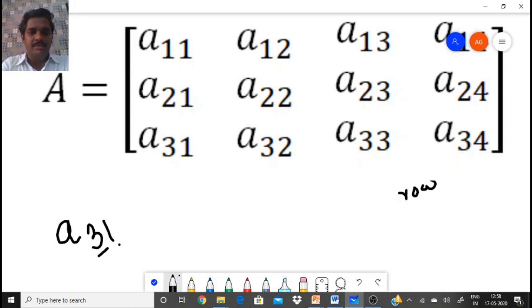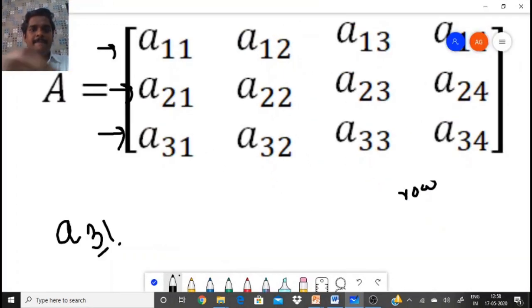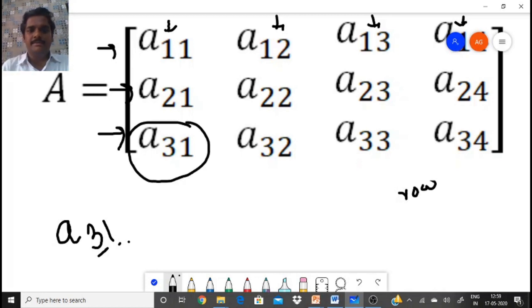Third row, first column. So here is your first row, second row, third row. Here is your first column. Here is your second column. Here is your third column. Here is your fourth column. So I'm talking about the third row, first column. So here is your third row, first column element a31.